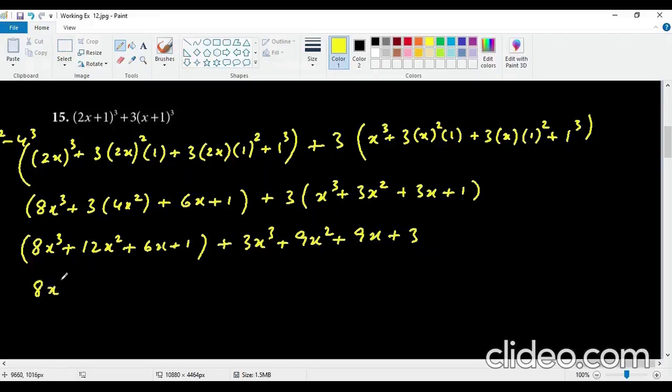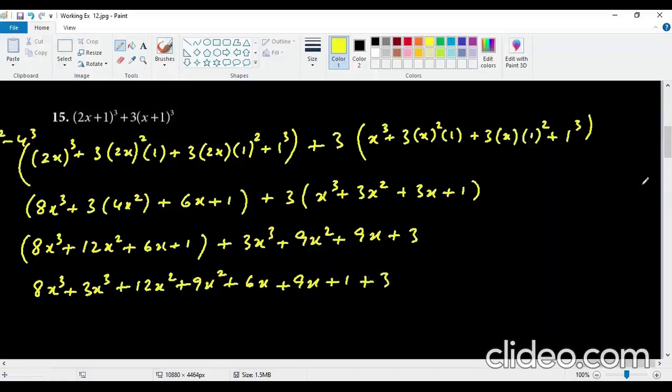Now 8x cube plus 3x cube plus 12x square and plus 9x square and plus 6x plus 9x plus 1 and plus 3.